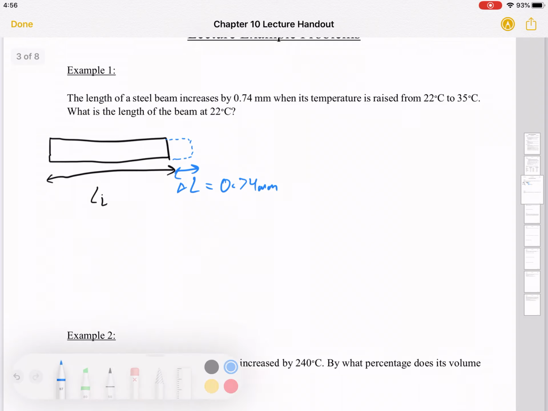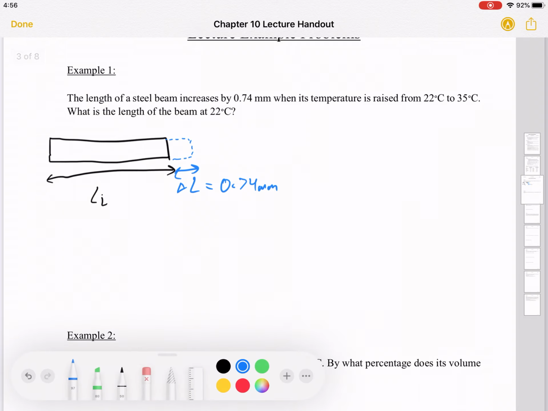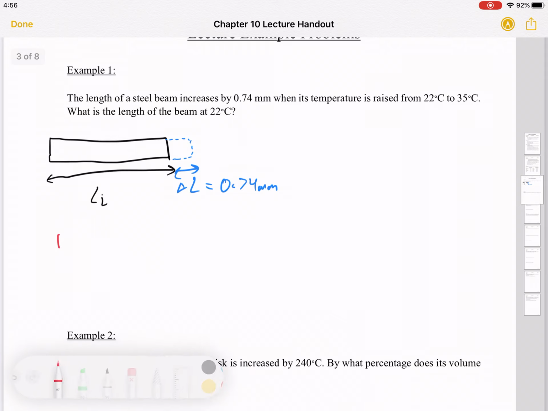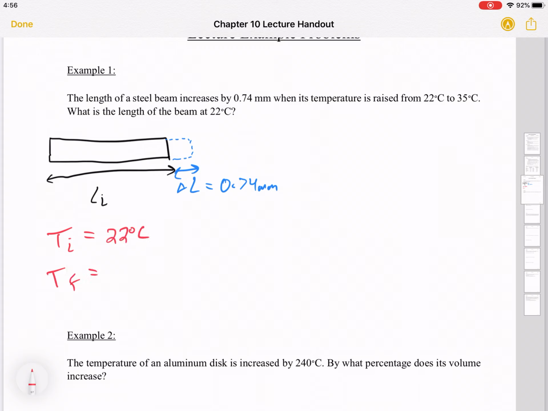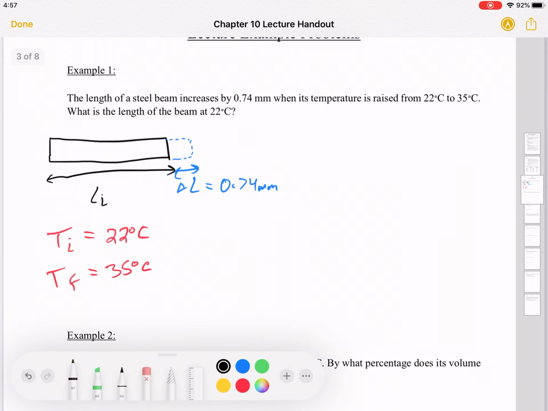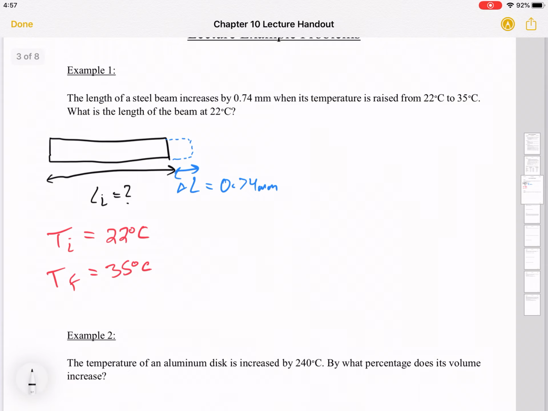Clearly, I'm going to have to convert that. What else do I have? I have a T initial, which is 22 degrees Celsius, and a T final, which is 35 degrees Celsius. Okay? And the question is, what is L initial? And I'm told that this is steel.